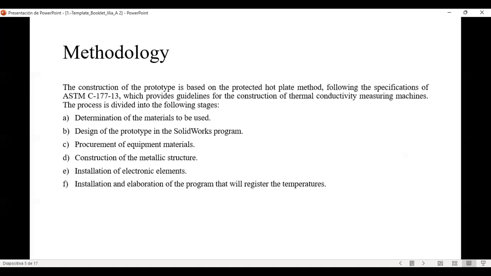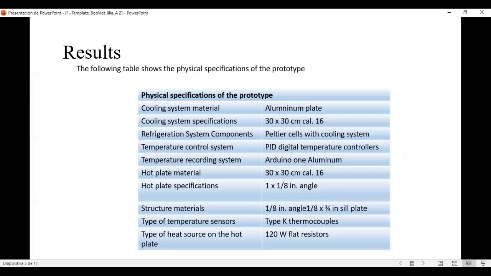Consequently, the temperatures of the plates are recorded. The measurements of the thermocouples are reflected on some OLED screens through the Arduino boards installed in the prototype. The following table shows the physical specification of the prototype, such as cooling system material, cooling system specifications, among others.